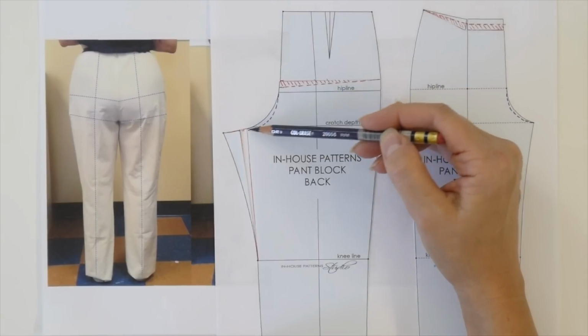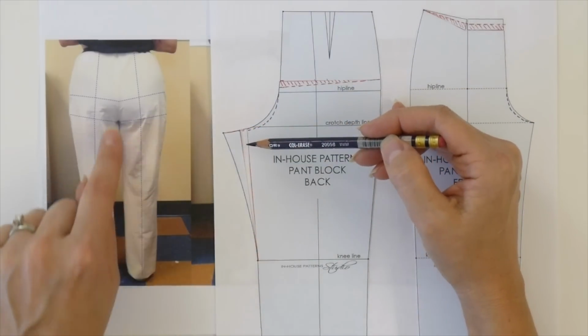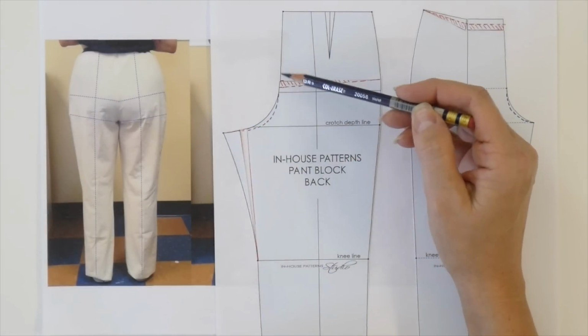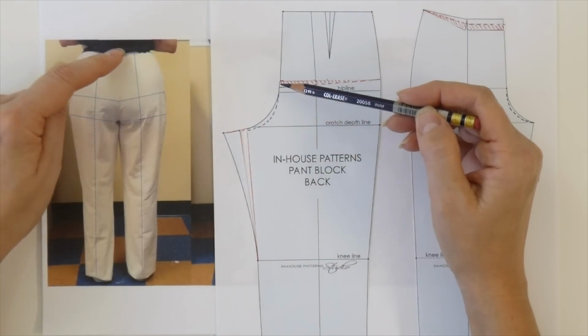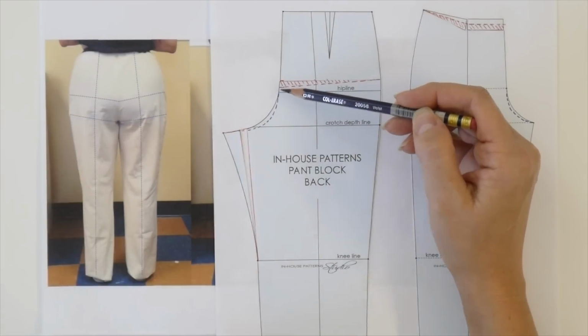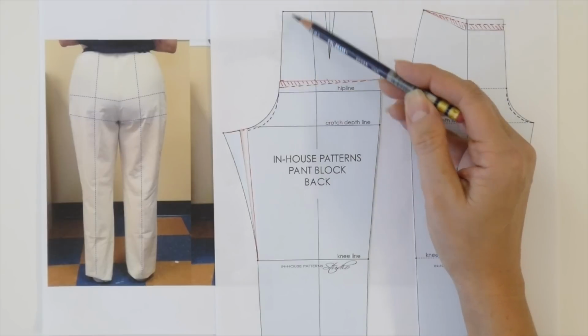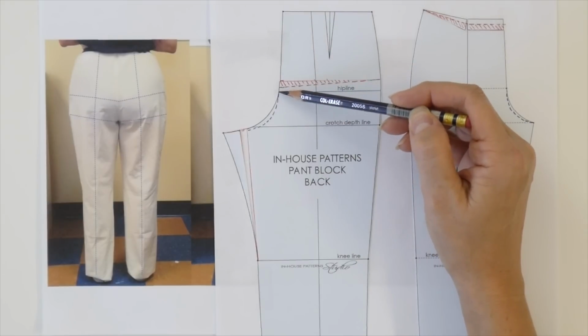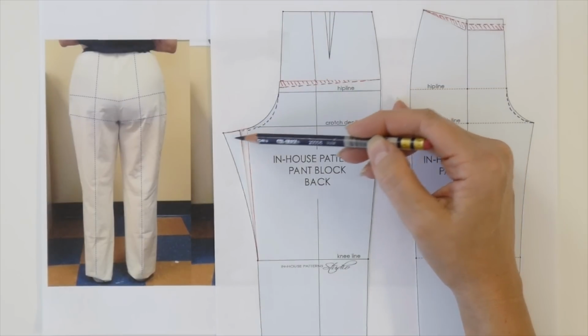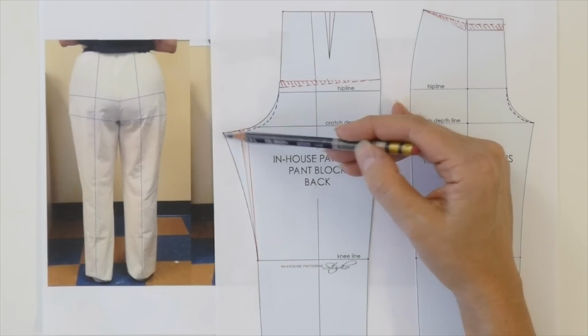So what I've done here is opened here to get this hip line to move up, and I've closed here so that I don't have excess rise length. So this actually solves that distribution of measurement problem. I've reduced the length from waist to hip, and I've increased the length from hip to the crotch point.